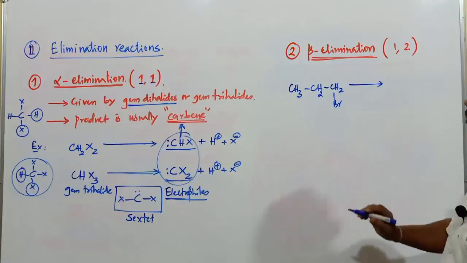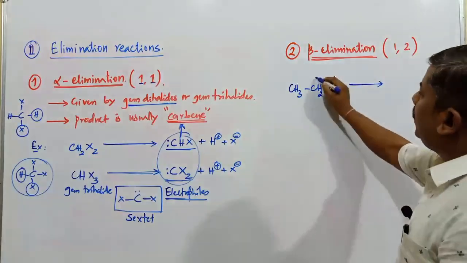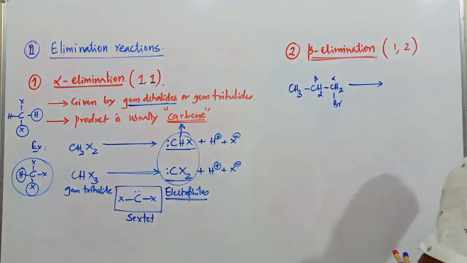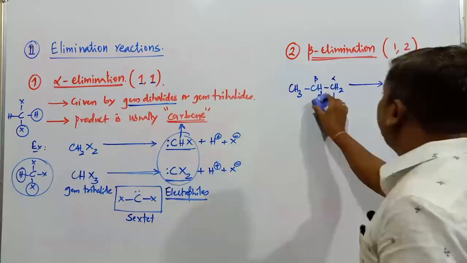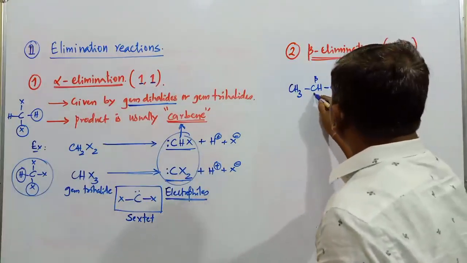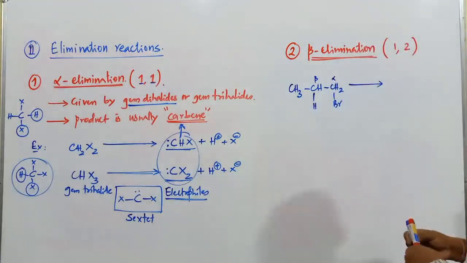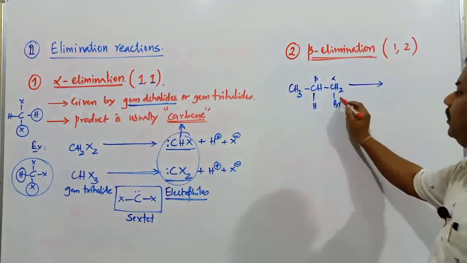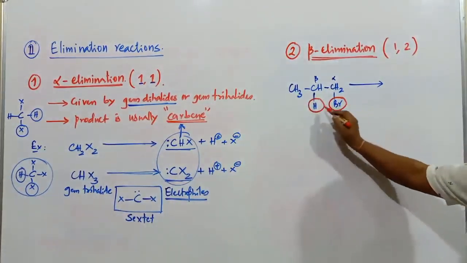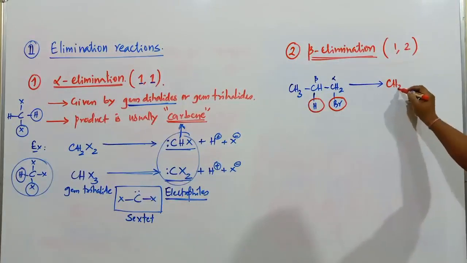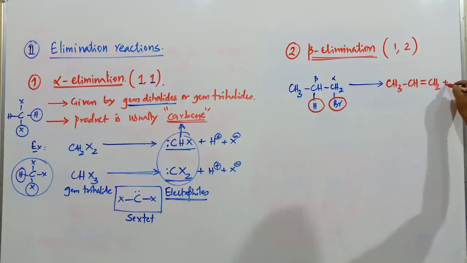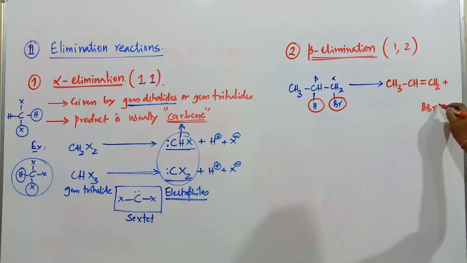In this 1-bromopropane, one carbon is alpha and the next is beta, with a hydrogen on it. If the elimination of atoms or a group of atoms takes place from the alpha carbon as well as the beta carbon, after elimination of this hydrogen and bromine, what is the product here? CH3CH=CH2 plus HBr.